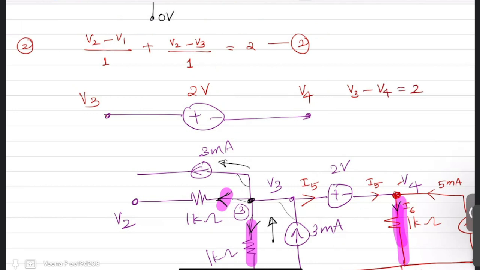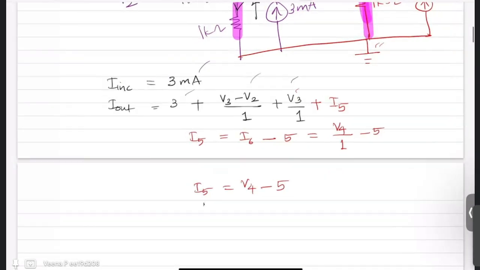If this polarity was reversed, then the higher potential minus lower potential, V4 minus V3, would be 2. Okay, so in our case, V3 minus V4 is 2.